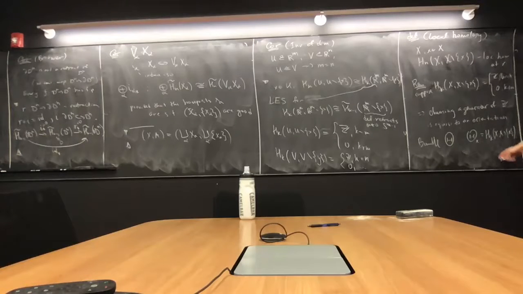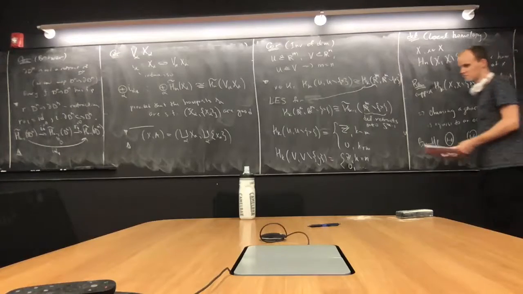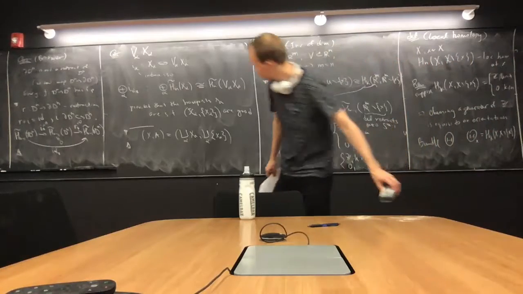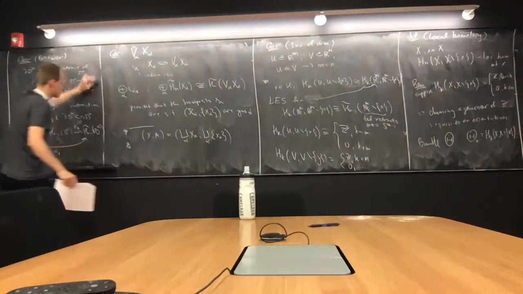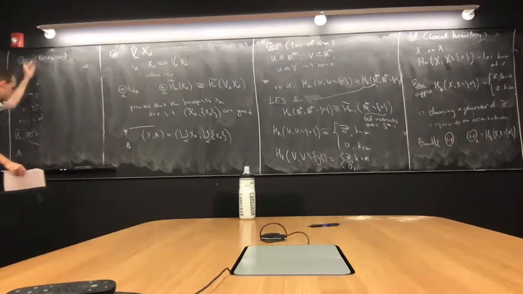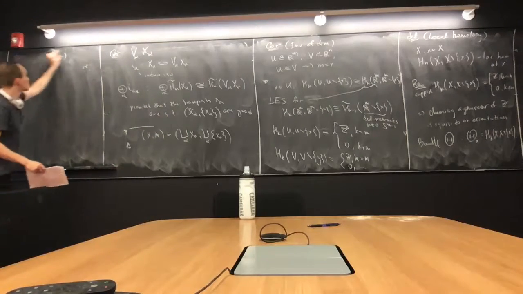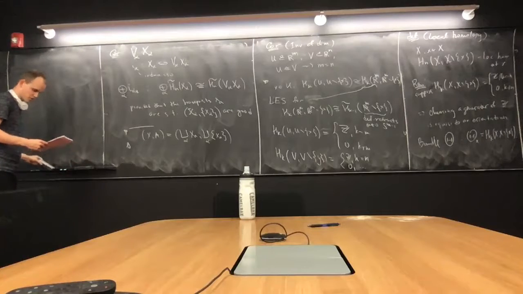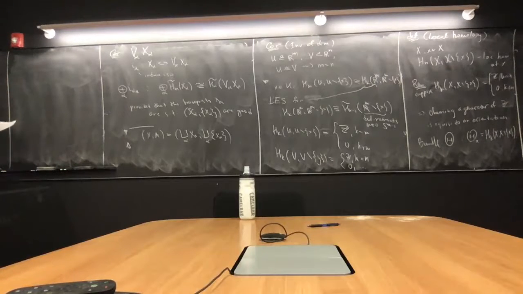Choosing the section is the same as choosing an orientation. Is the converse true? If it's orientable, is this bundle always trivial? If it's a topological manifold that's orientable, then yeah, of course. But that's just on the side.